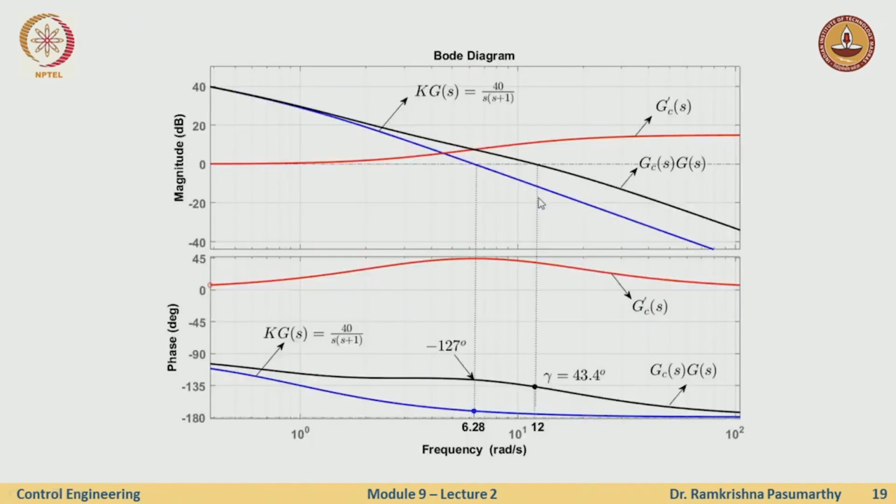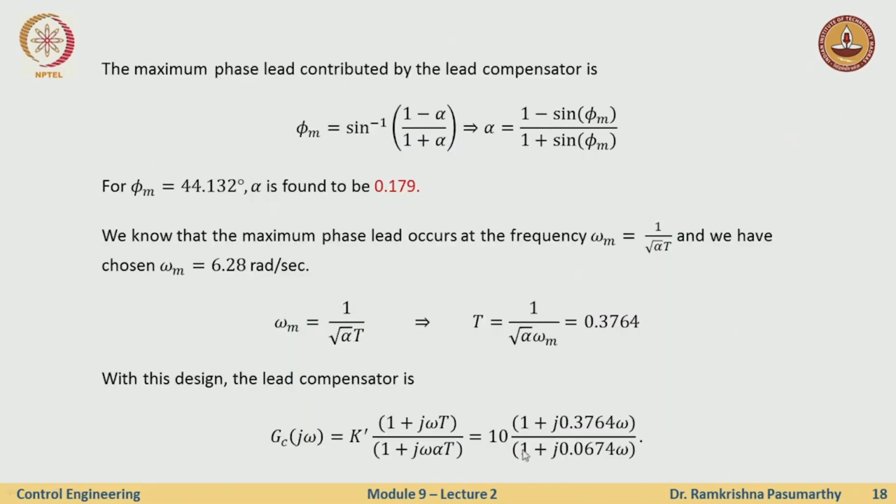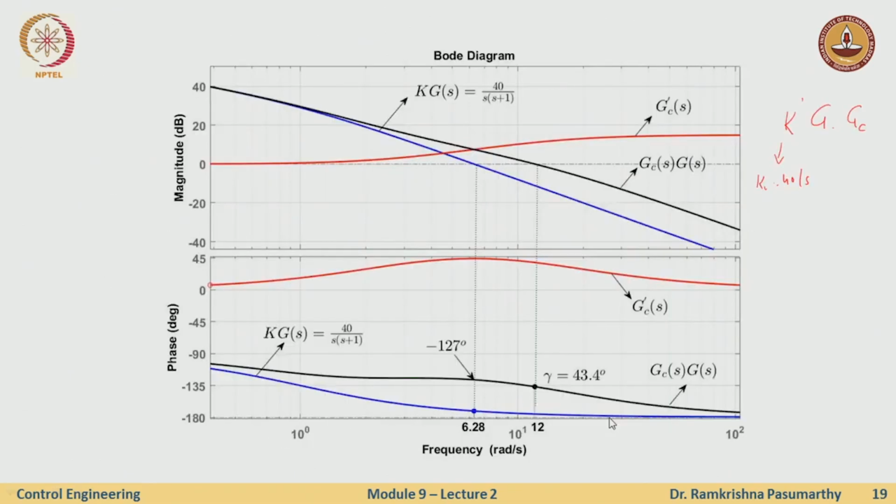Now, in the Bode plot, I would see the plot of not just G(s), but it will be with k prime. This k prime gives me a Kv of 40 per second. Now, I have G and I also have Gc. This is my Gc. G is given to me as a plant.